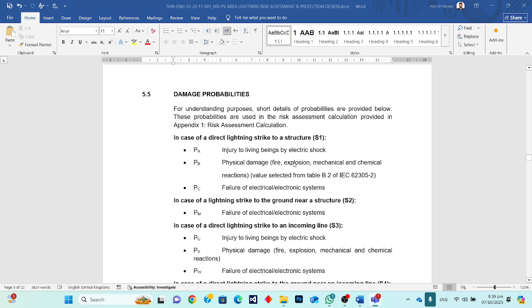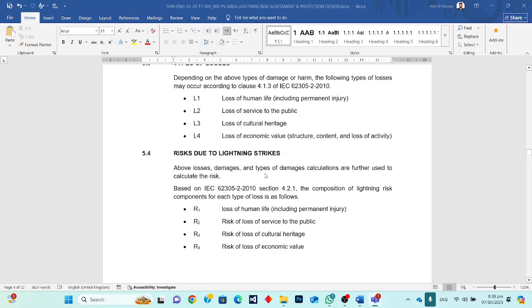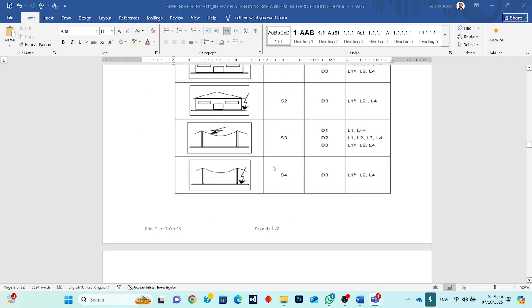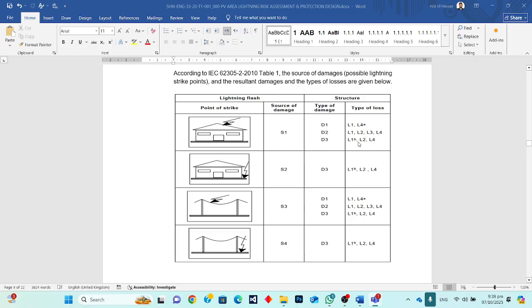And then the damage probability. For understanding purposes, a short detail of the probability. Basically, in case of the direct lightning strike to the structure, we can see that above.